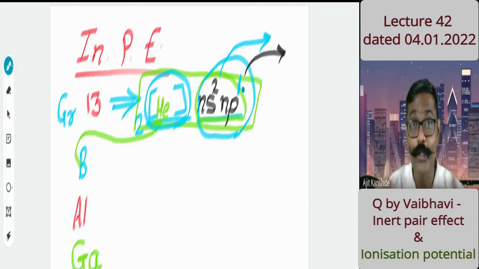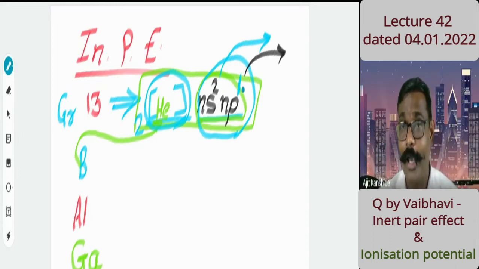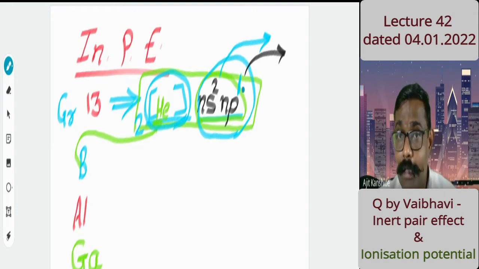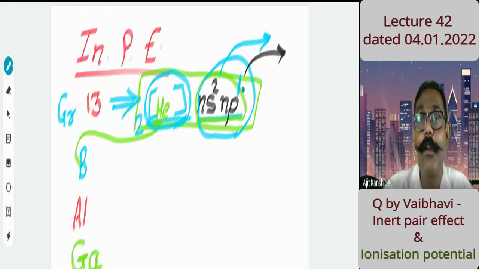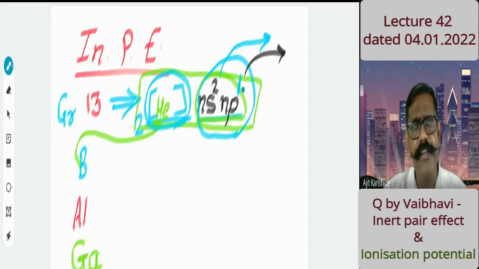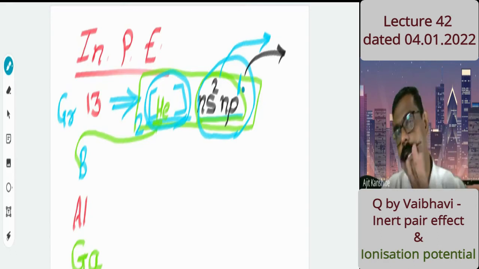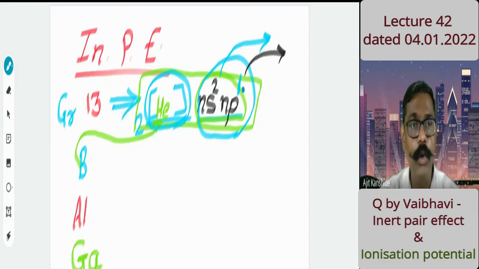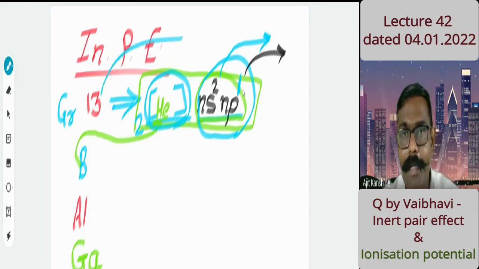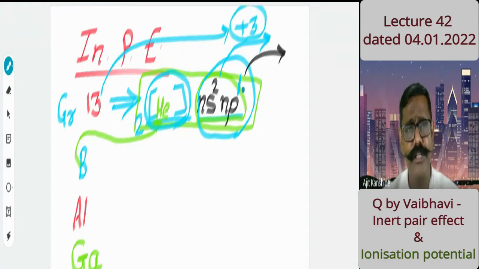Good. I am only asking questions to know whether you are alert or not. Okay. So total 3 electrons are there, and those 3 electrons can go. So roughly anybody easily can conclude that 3 electrons are there at the outermost shell. So this group 13 elements can show plus 3 as an oxidation state. It is absolutely true.